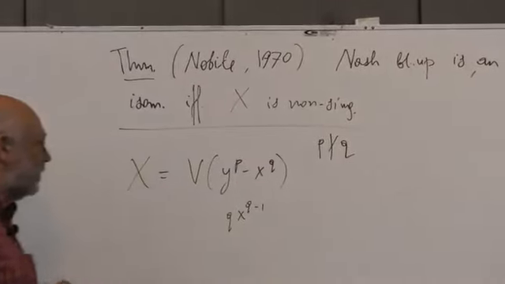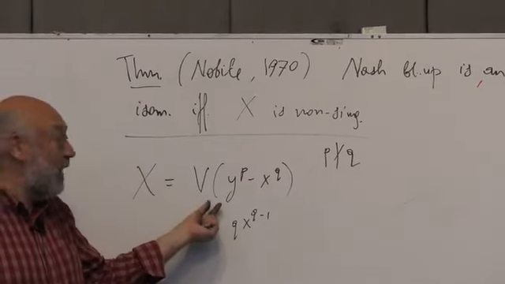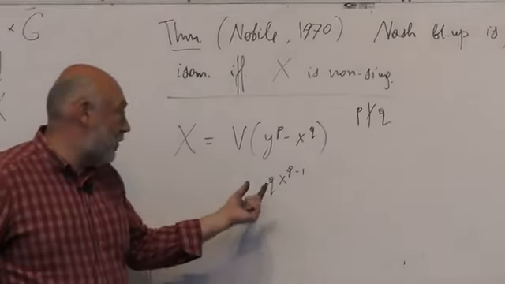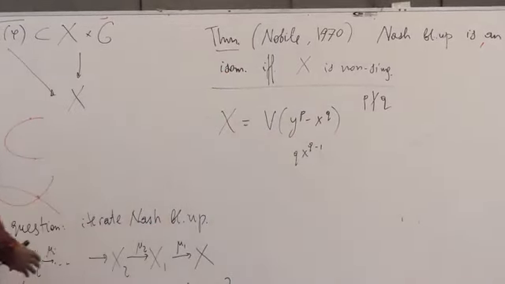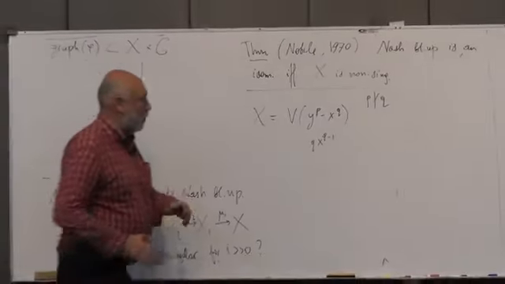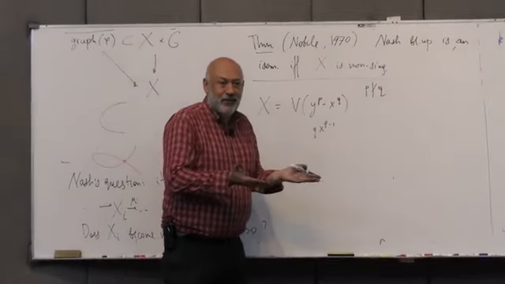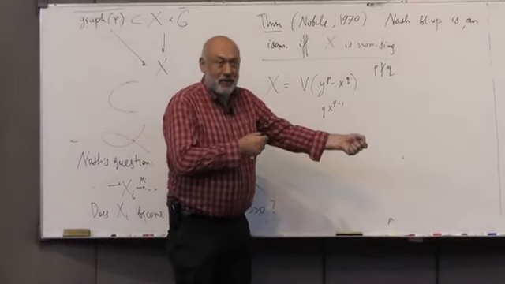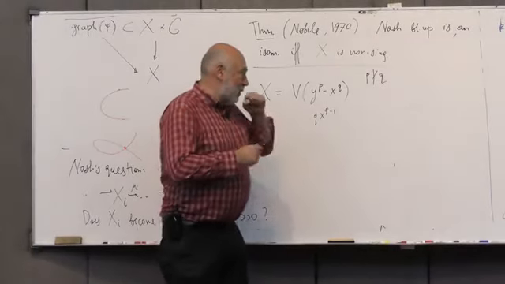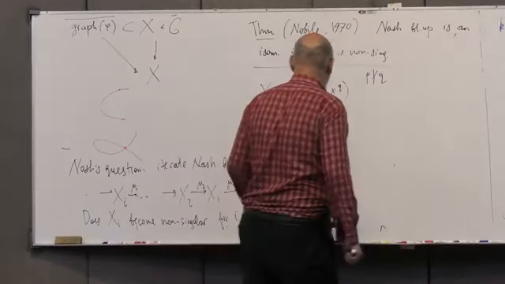So the point is that one of the partial derivatives vanishes identically 0. Therefore, the Jacobian ideal is principal. And it's kind of obvious from the definition: if you blow up along a principal ideal, you get an isomorphism, you get nothing new, because your map goes to a zero-dimensional projective space.